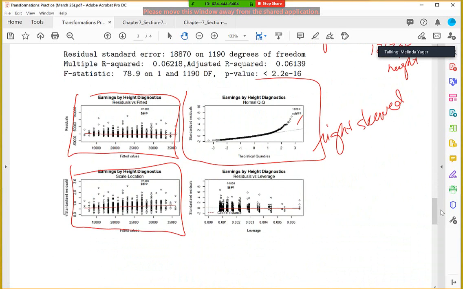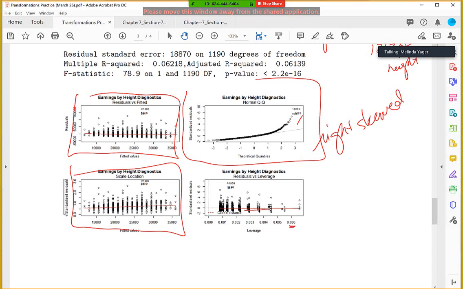So we have to look at the Cook's distance lines, so the red lines here, and this one doesn't show any values of greater than 0.5. So with those red lines, you would see a Cook's distance of greater than 0.5. This is showing the leverage of 0.006, but that's not a very large leverage either, so we probably don't have really any issues here.